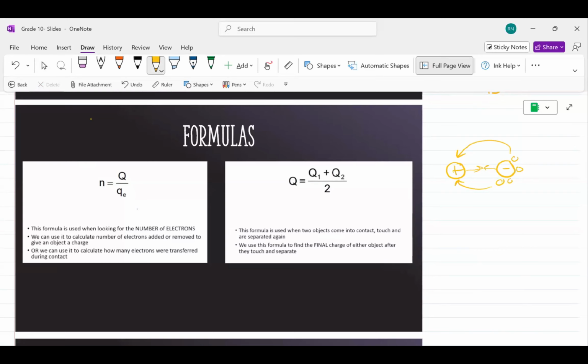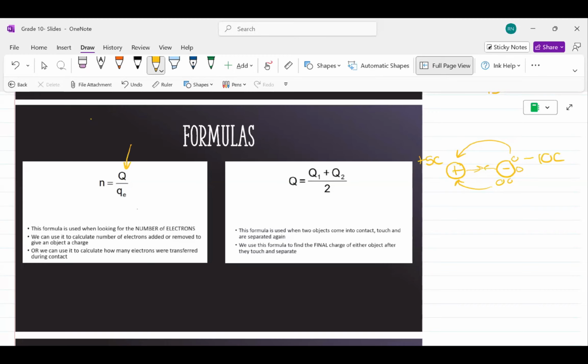Then they'll say, when they separate, how many electrons were transferred, right? Now this Q will come with a charge. So it will have like 5 coulombs. And this is a positive 5 coulombs, negative 10 coulombs, just as an estimate, right? Then they put them together and then they separate them, right?